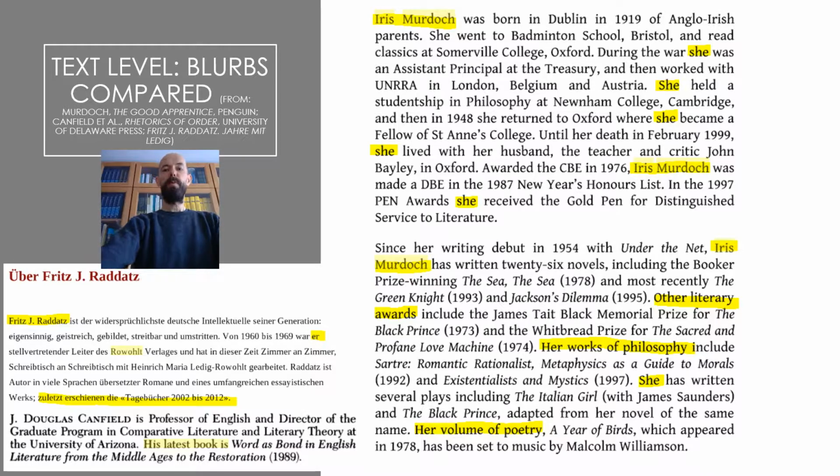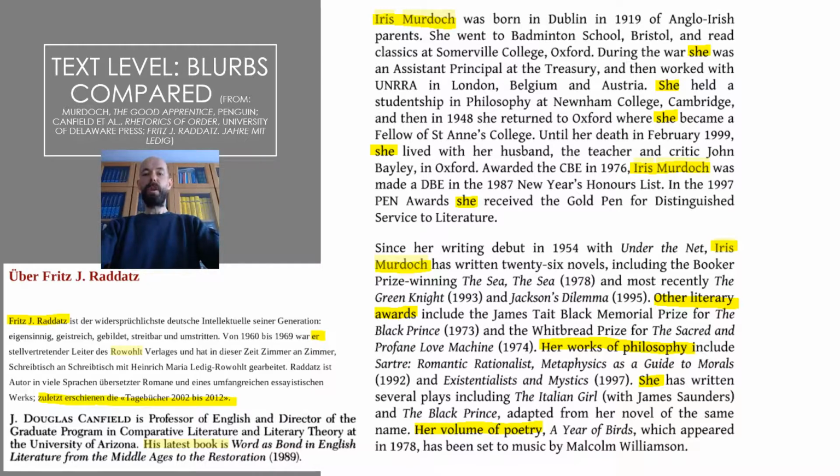So, for instance, here's a blurb about Iris Murdoch. Iris Murdoch was born in Dublin in 1919 of Anglo-Irish parents. She went to Badminton School, Bristol, and read classics, implied subject she, at Somerville College, Oxford. During the war, she, same person, was an assistant principal at the Treasury and so on.